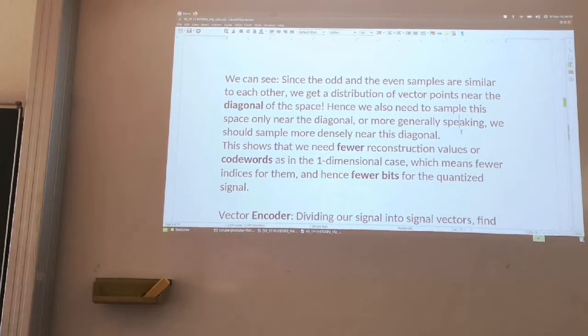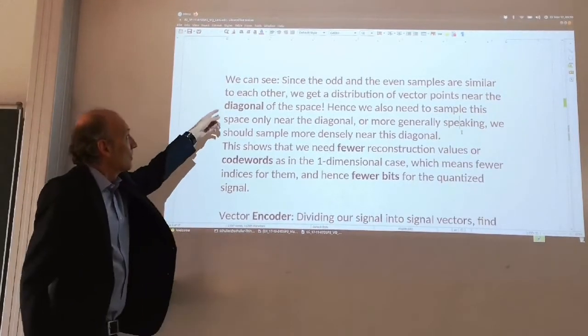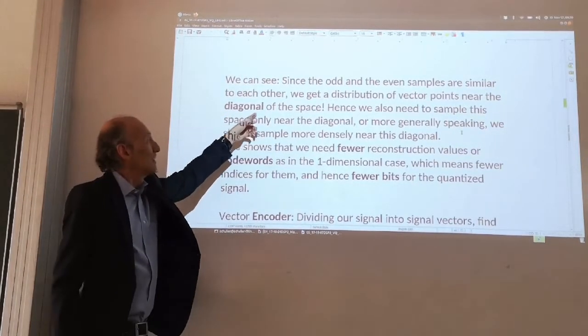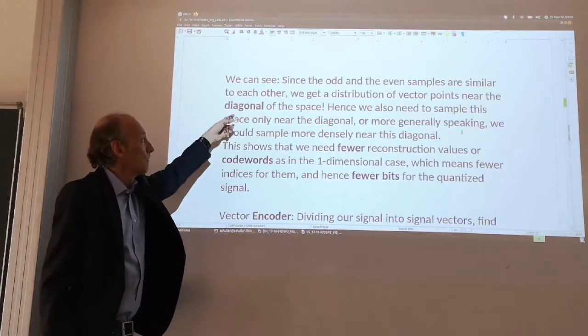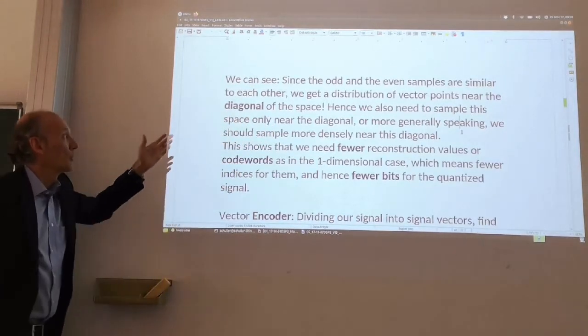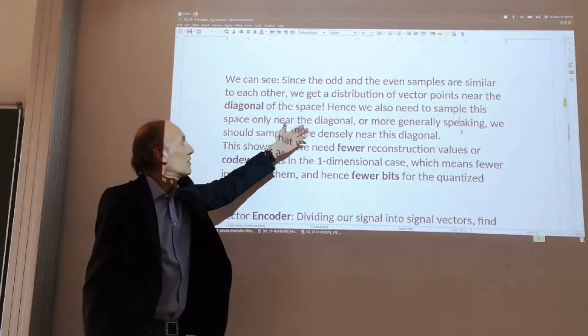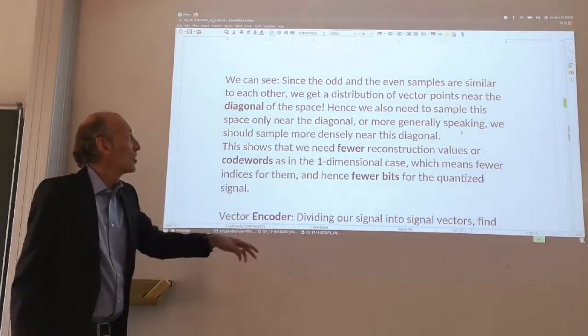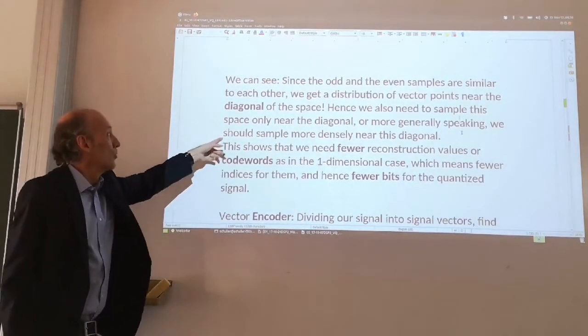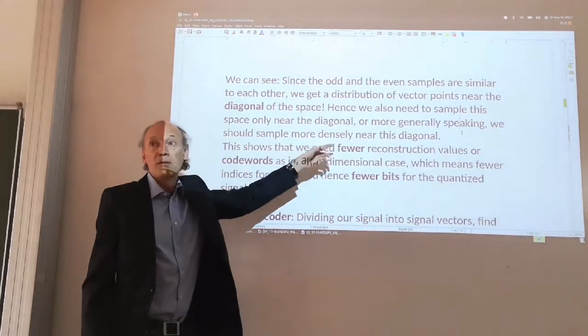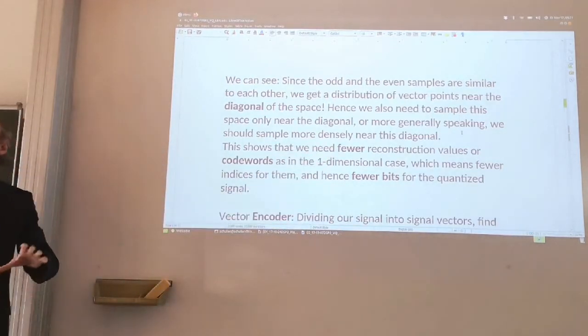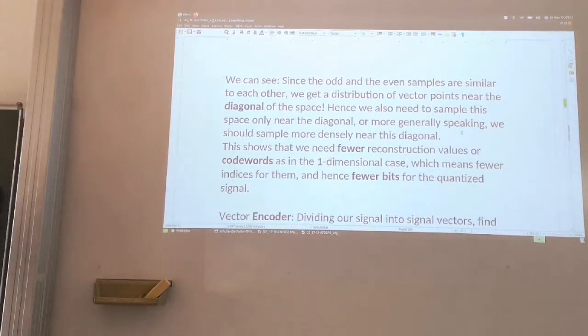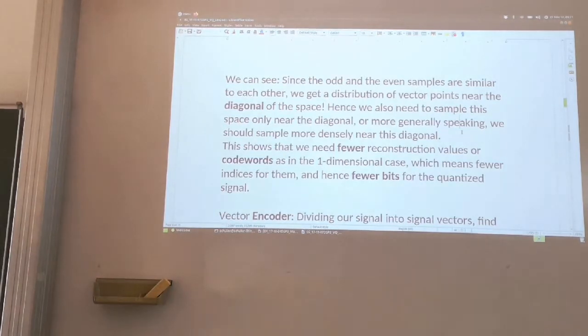Yeah, so indeed we get a distribution of vector points near the diagonal of this space. Right? So that means you also need to sample the space only near this diagonal. Or more generally speaking, we should sample more densely near this diagonal. So we can have coarse sampling of our space outside this diagonal, fine sampling where we have all those points.